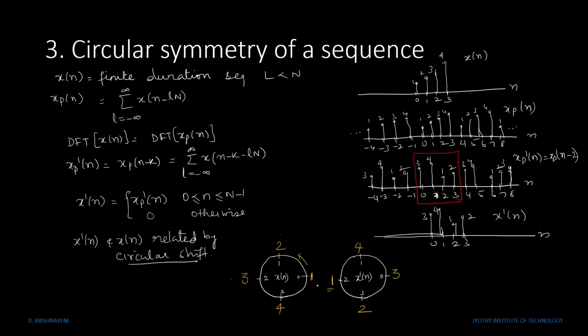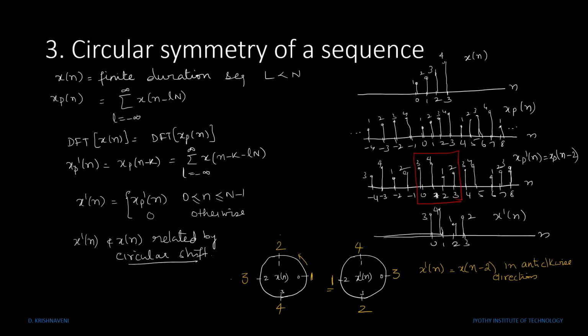So from this, what do you understand? X dash of n is nothing but x of n shifted by 2 units in anti-clockwise direction, because I have written the samples in anti-clockwise direction.